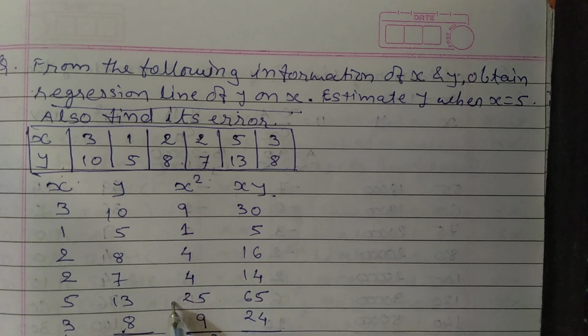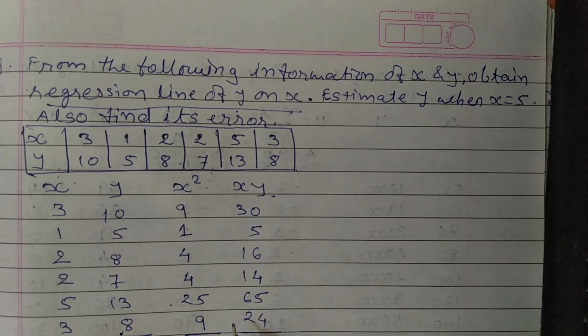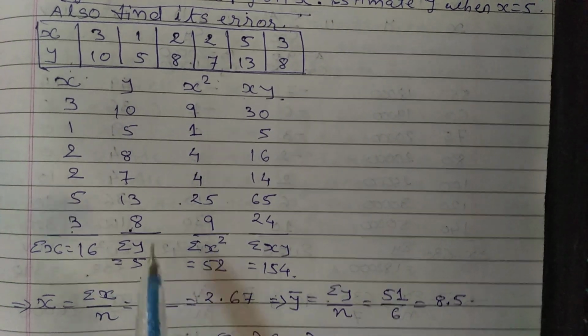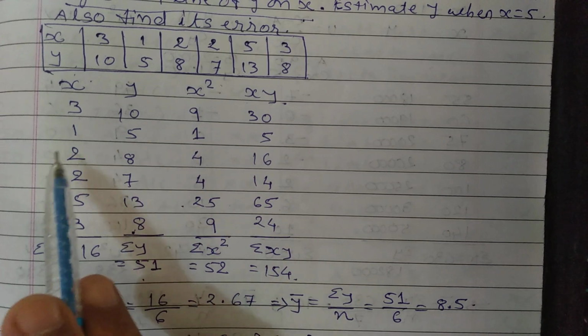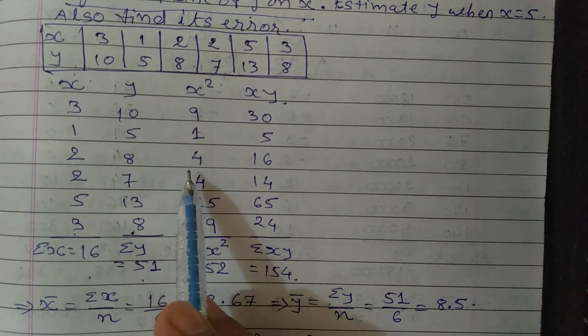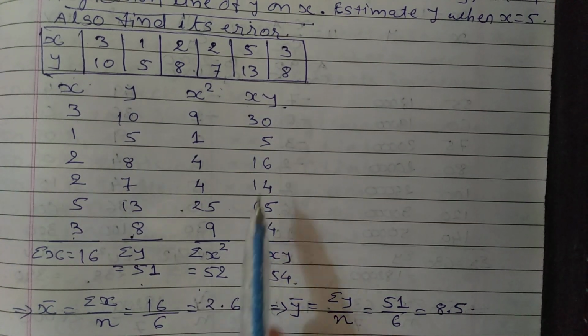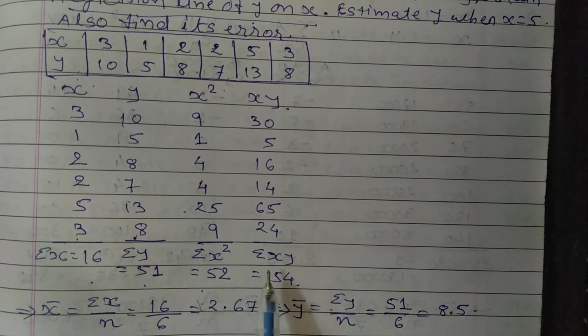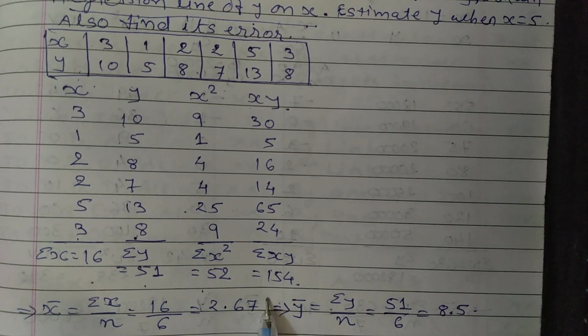The third column would be x square and the fourth column would be xy, which is going to be used in your formula. Sigma x is ready, sigma y is ready. x square: 3 square is 9, 1 square is 1, 2 square is 4. Then sigma x square and xy, that is the multiplication of x and y. This is sigma xy, 154.